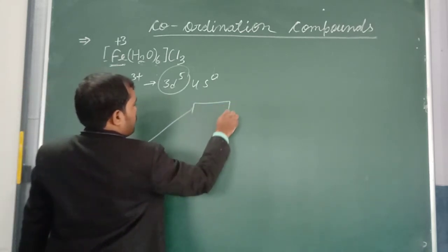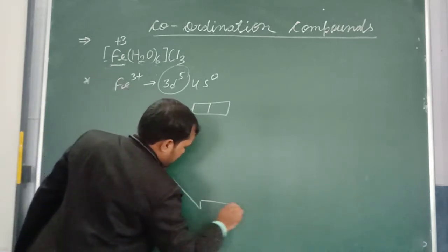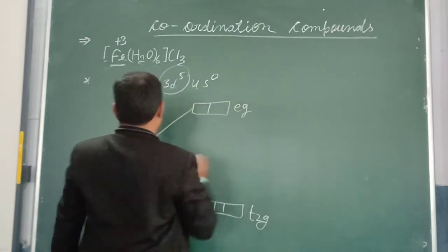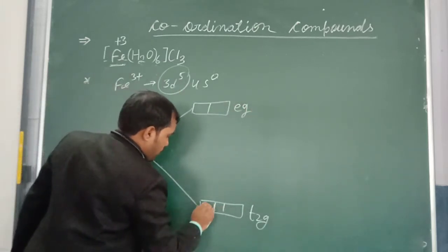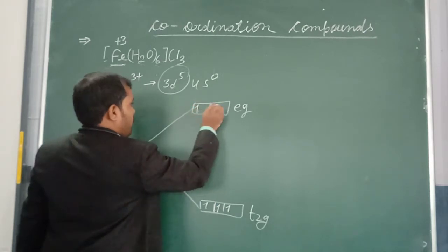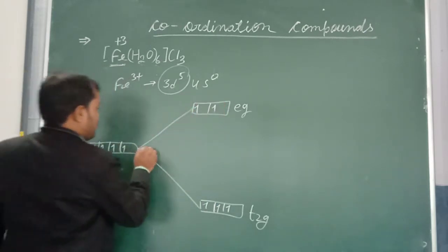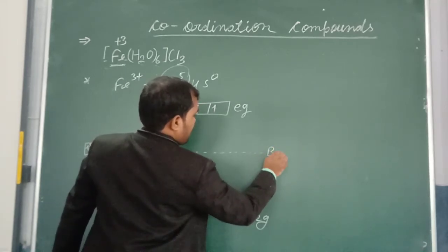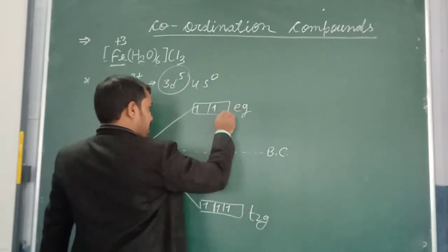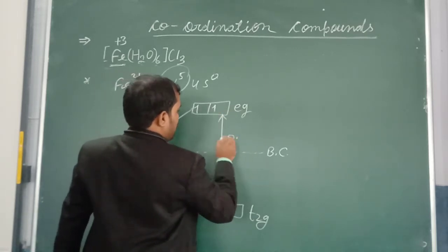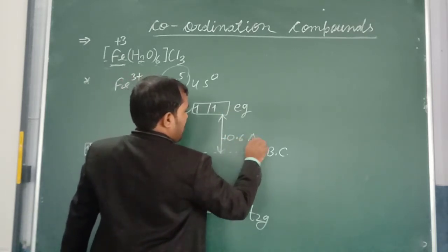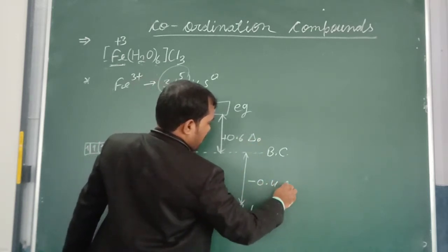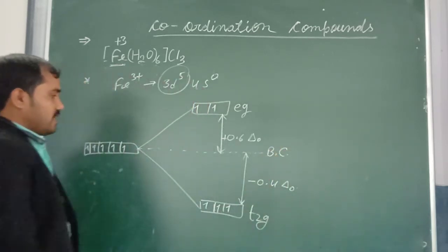It will split into 2 parts: t2g and eg. 5 electrons: 1, 2, 3, 4, and 5. So this is said to be the barycenter. And this energy gap is plus 0.6 delta O for eg and minus 0.4 delta O for t2g. Understood?